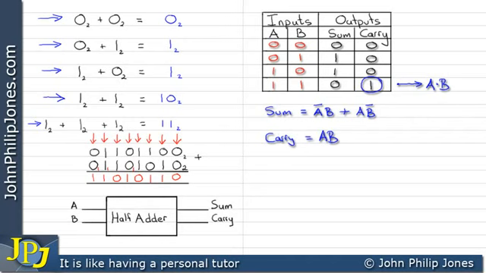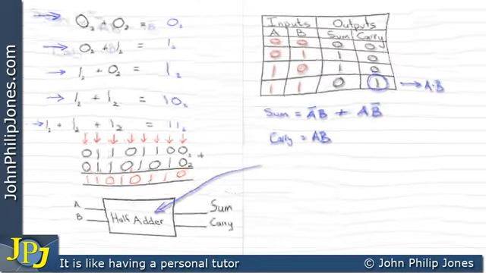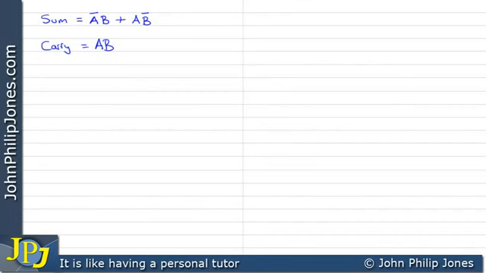So what we can now do is build the combinational logic circuit that gives us these Boolean sum and carry expressions. And that will be what we stick in here, inside the half adder. So it's now simply a case of building the combinational logic circuit to implement these two expressions here.